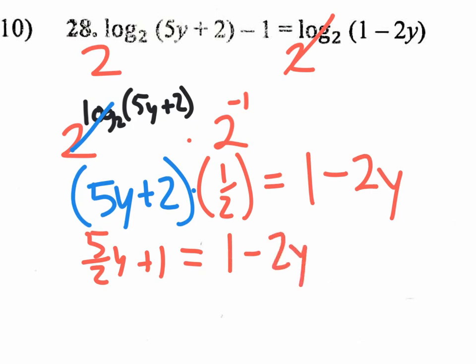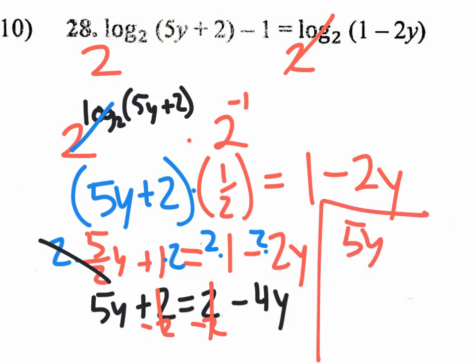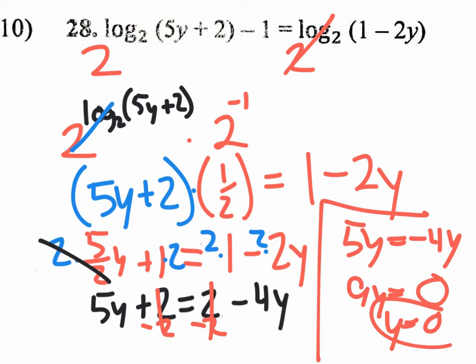So if the fraction confuses you, let's multiply everything by 2. Interesting. So if we subtract 2 and subtract 2, the 2's cancel. We're going to end up with 5y equals negative 4y, which means 9y equals nothing, which means y equals 0.